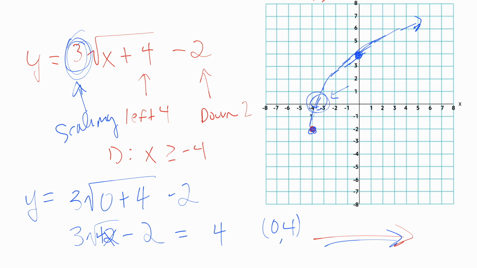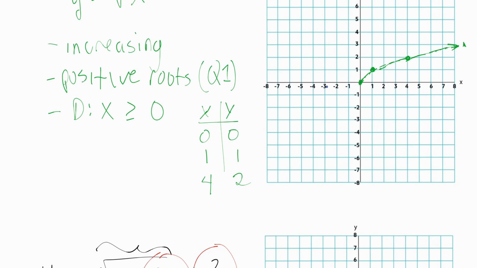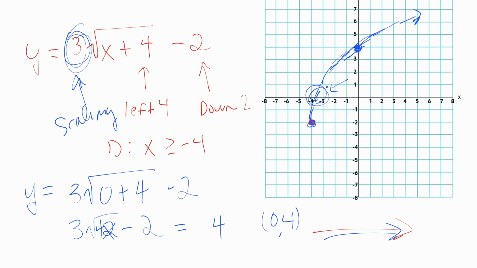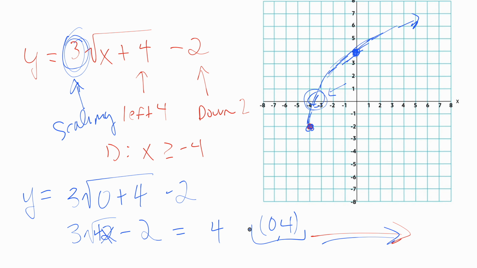Did we make our growth much steeper than it should have been? Look how shallow this growth is at our first example versus when we're multiplied by 3. And we were able to determine that by finding that intercept. Those will be there, especially depending on how you move the graph. Those intercepts should be available to you to help support your graphing.